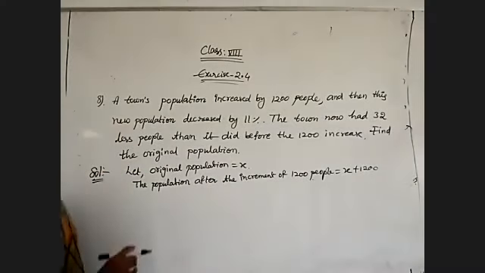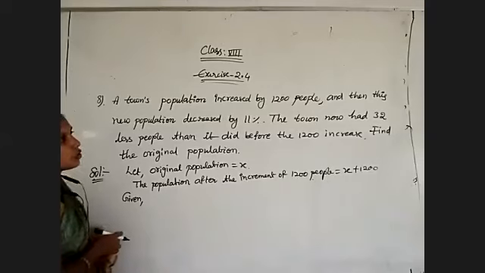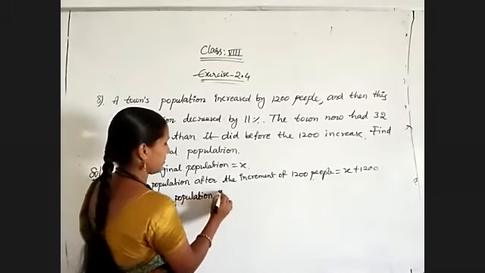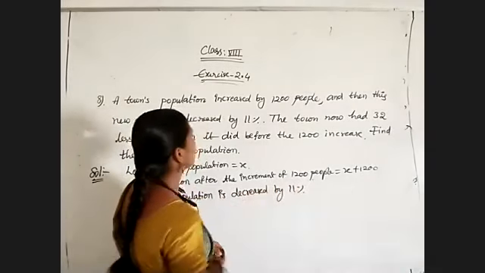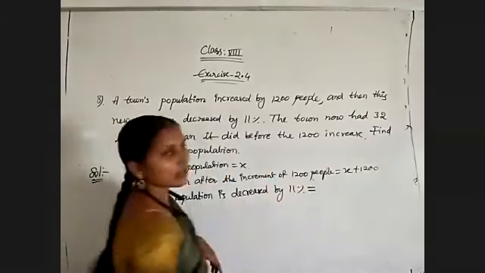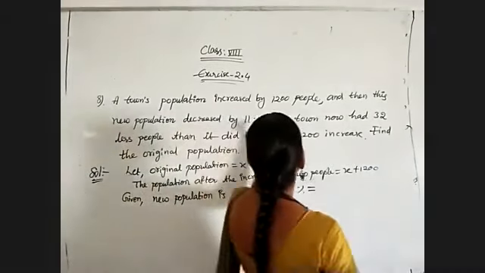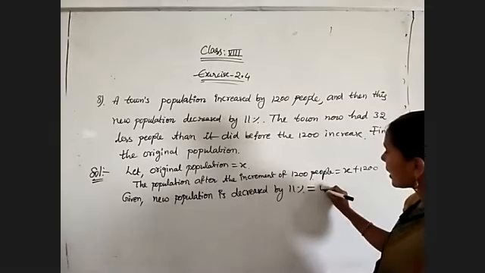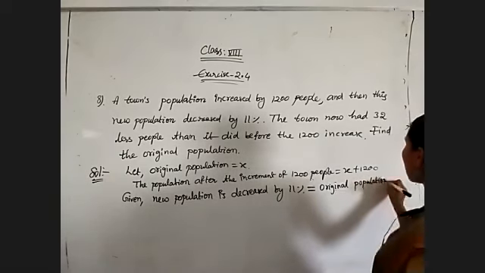First of all, observe the given condition: when the new population is decreased by 11%, the number of people became 32 less than it did before the 1200 increment, meaning original population minus 32.